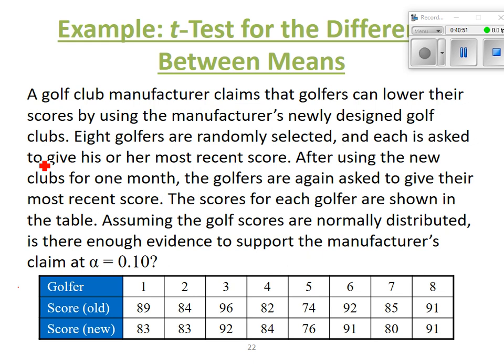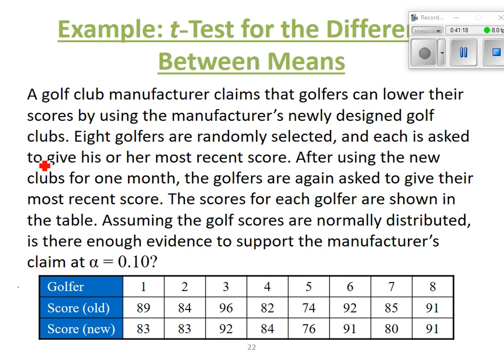So what should be true about your old score? It should be bigger than your new score, right? So they're saying that mu D is greater than what? 0. Remember, mu D is the difference in the two scores. So when you subtract these two, what should happen?